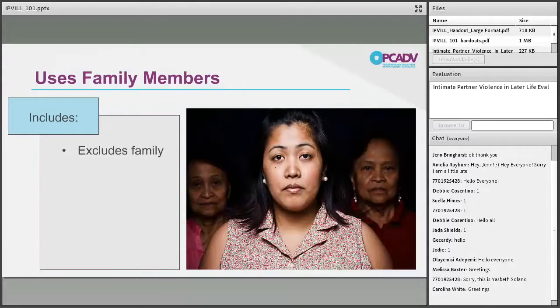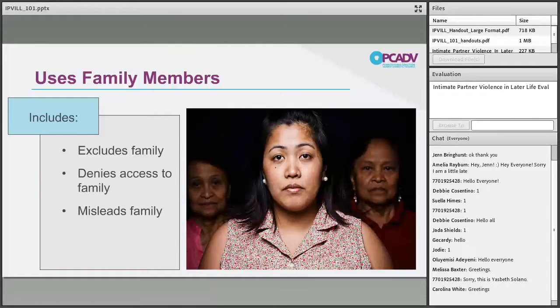So the older adult is not able to talk to their family or be able to see grandchildren, nieces, nephews, children, even if it's their partner, denying access to their family, misleading their family members about the extent and nature of the older adult's condition.